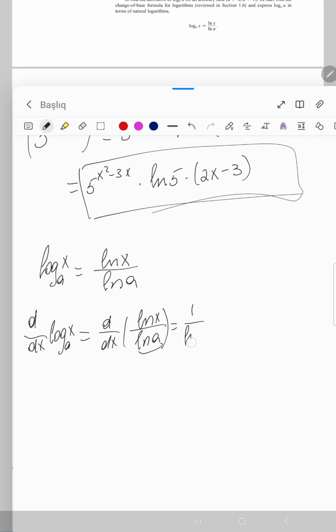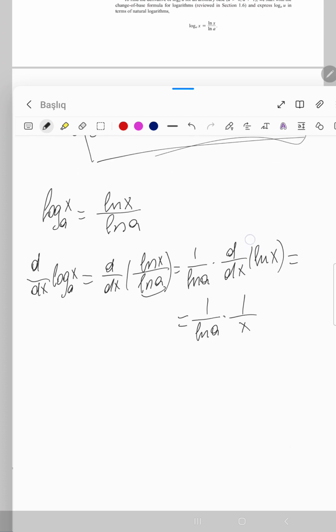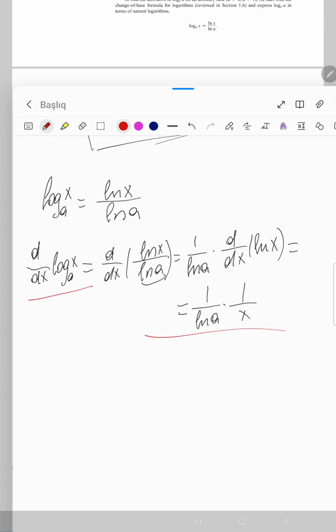We can write it as 1 over ln a times d over dx of ln x. And what was the derivative of ln x? Of course, 1 over x, times 1 over x. And what does that mean? It means the derivative of the logarithm function equals 1 over ln a times x.